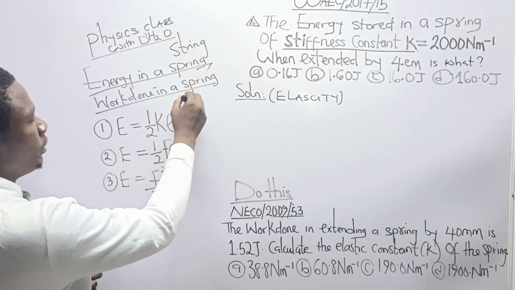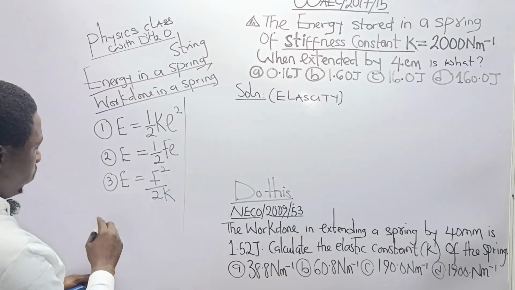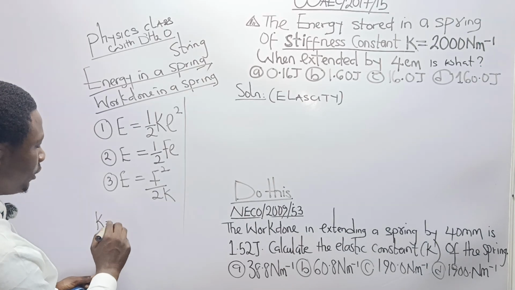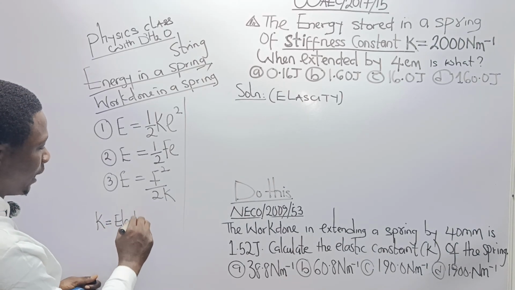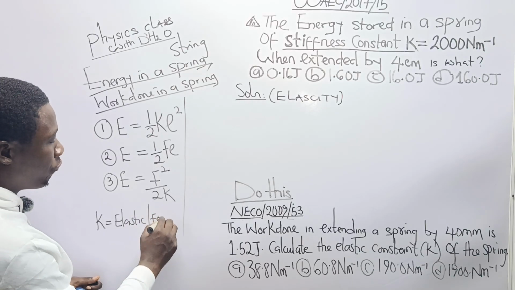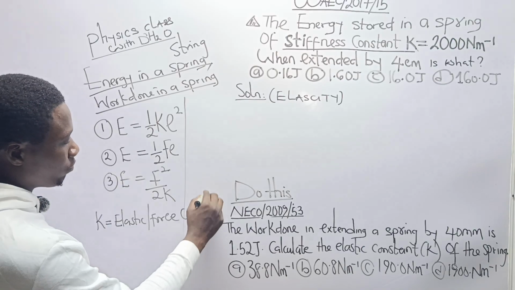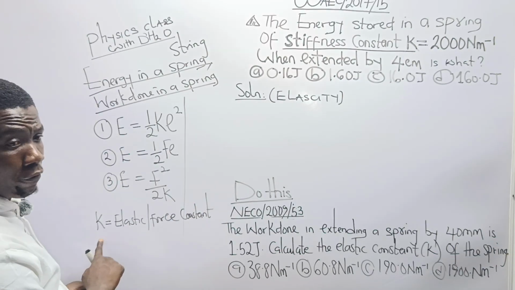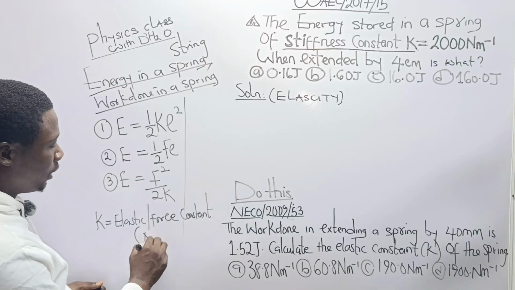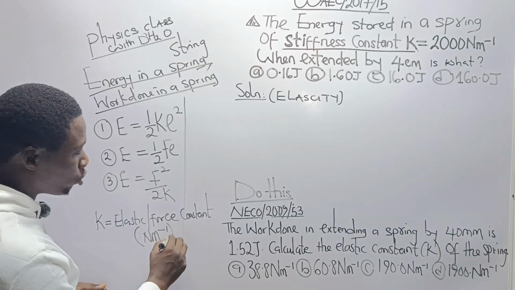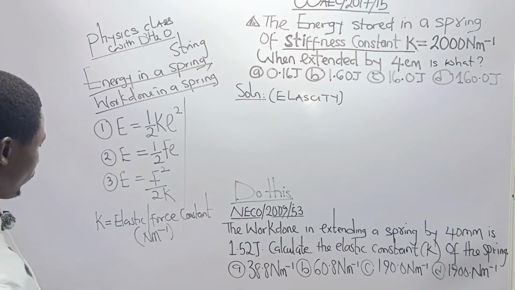Now, what do they stand for? Your K is called elastic, please take note, or force constant. Yes, K is elastic or force constant, and the unit is Newton per meter. So we have to be consistent with our unit.